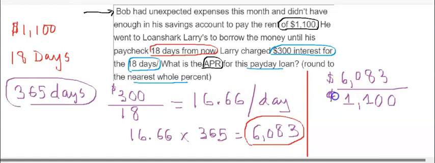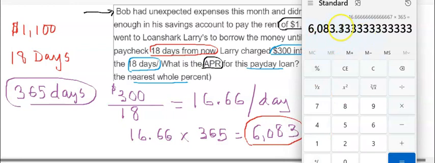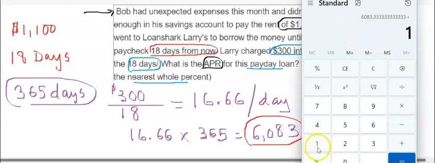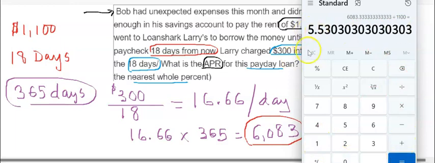Let's get the calculator to do the work for us. I take $6,083 divided by $1,100, and that gives me 5.53.